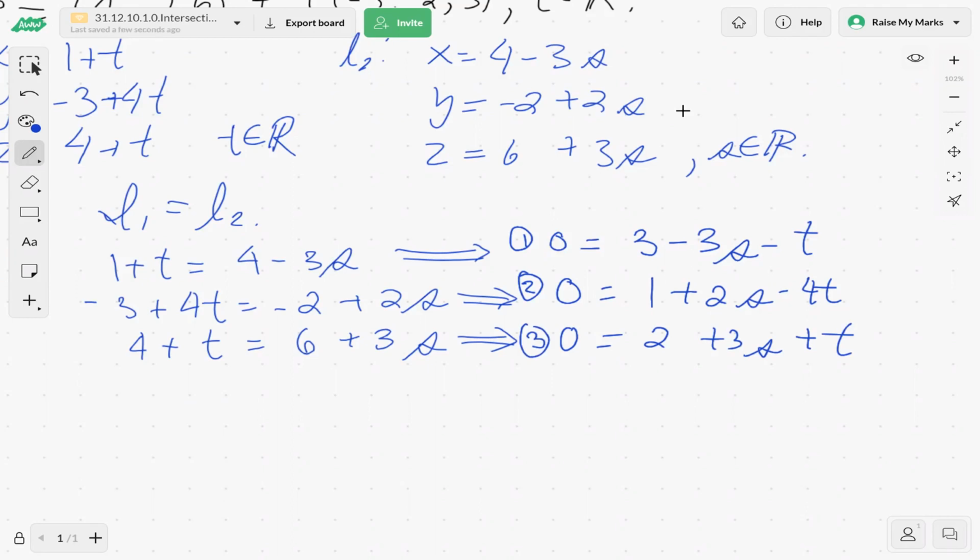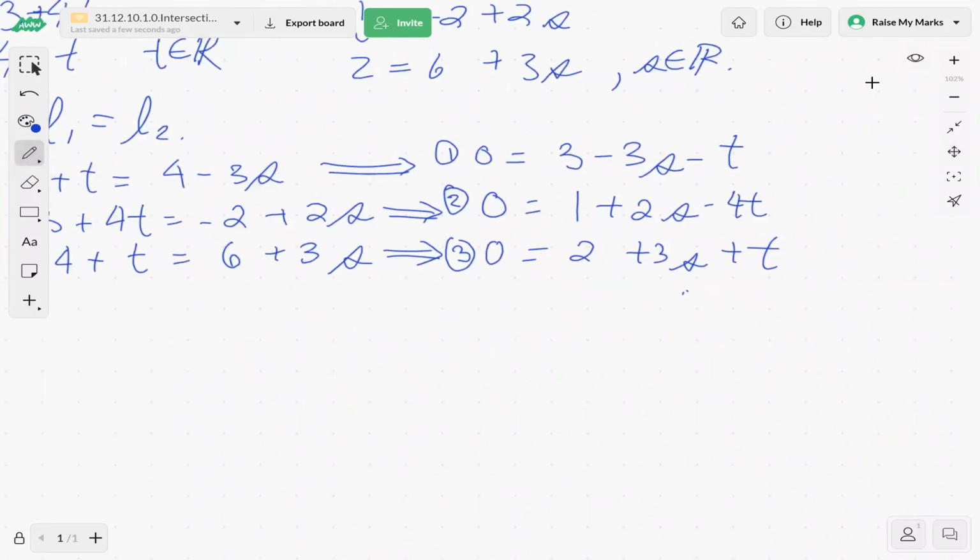Let's see if we can use equations 1 and 3 and some elimination here. That might be a problem. All right, let's try. Our lines may not intersect at all. Okay, let's try 2 and 3.